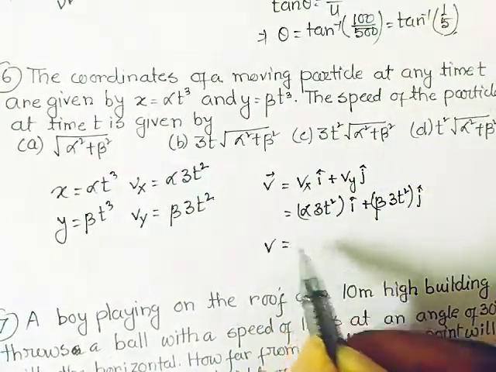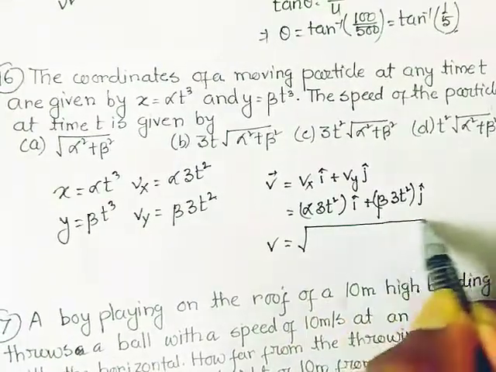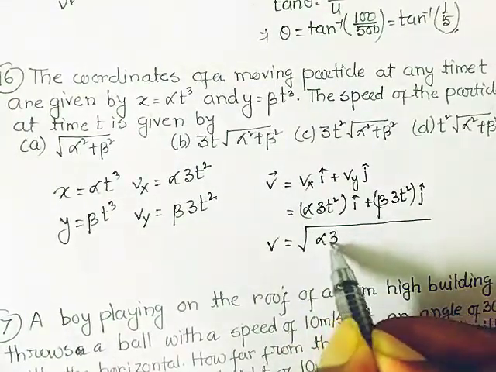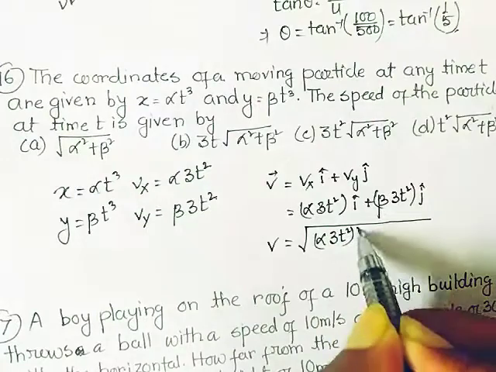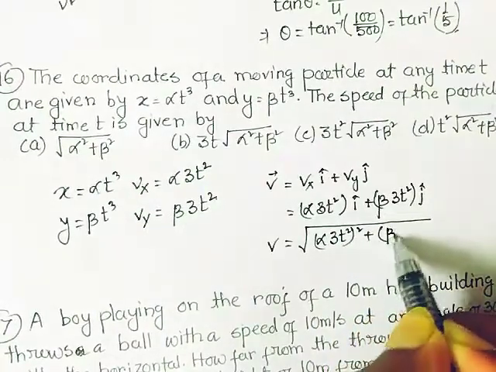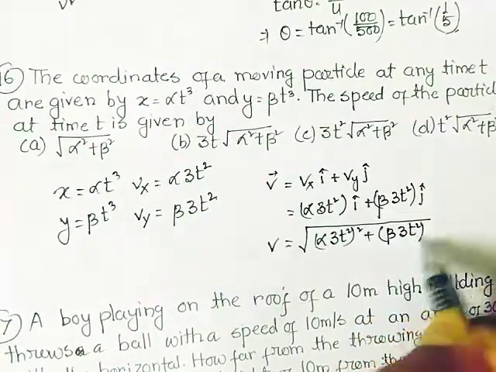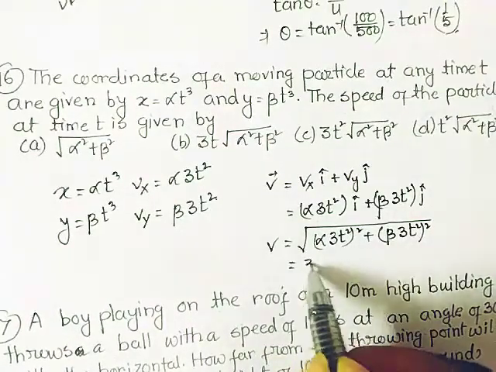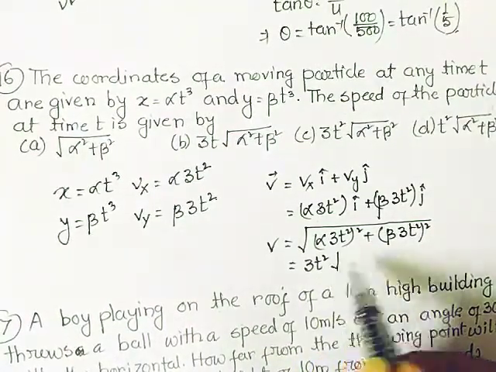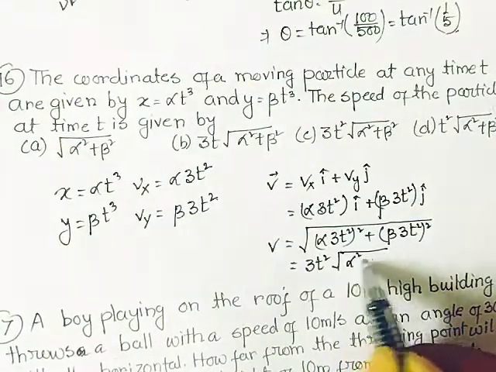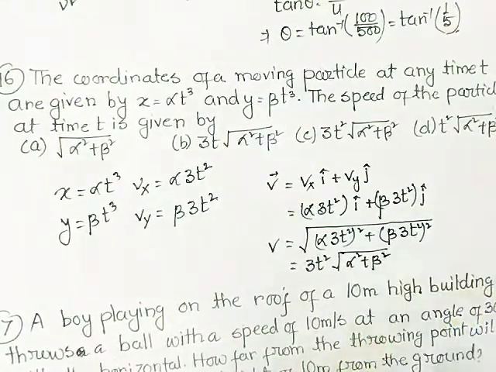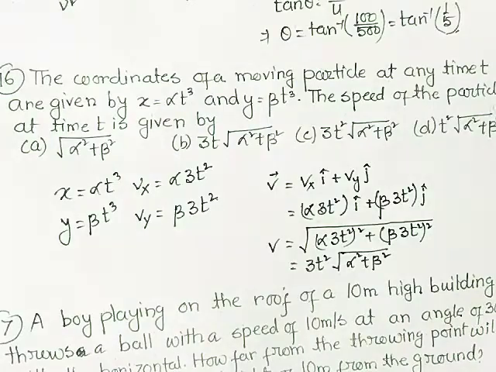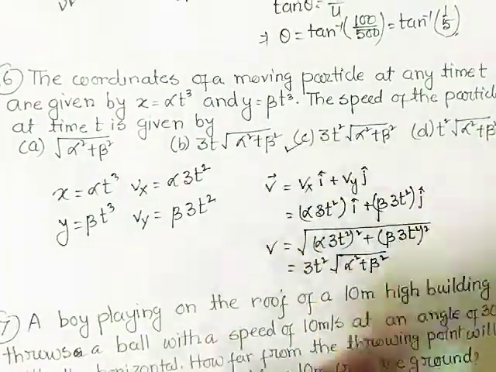So what is the magnitude of it? That is the square root of alpha into 3t square whole square plus beta into 3t square whole square. So 3t square can be taken outside, and we get root over alpha square plus beta square. So this is the speed.